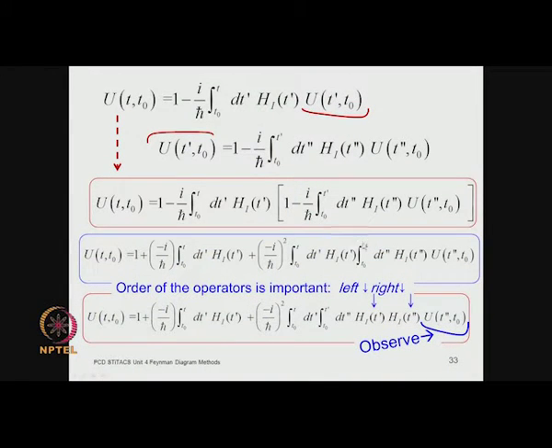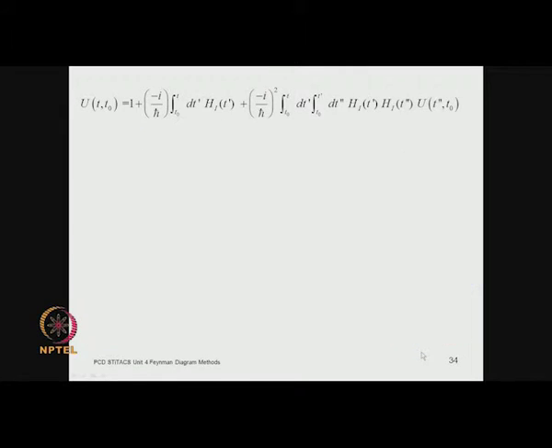So, just remember what is at the left and what is at the right. So, H_I(t prime) is at the left and H_I(t double prime) is at the right. So, that is what I bring to the top of this slide here now, and here you will have a similar expression.